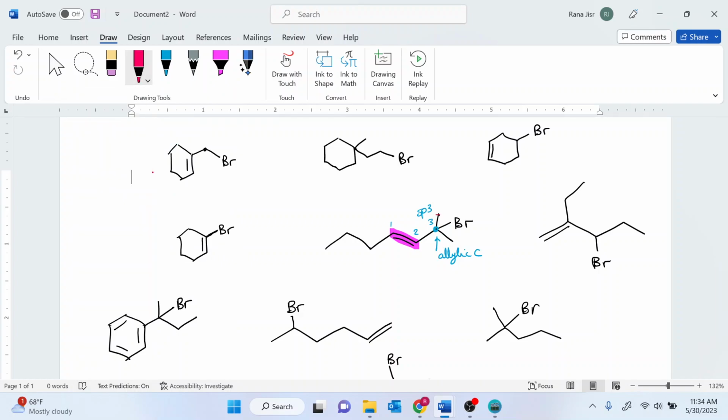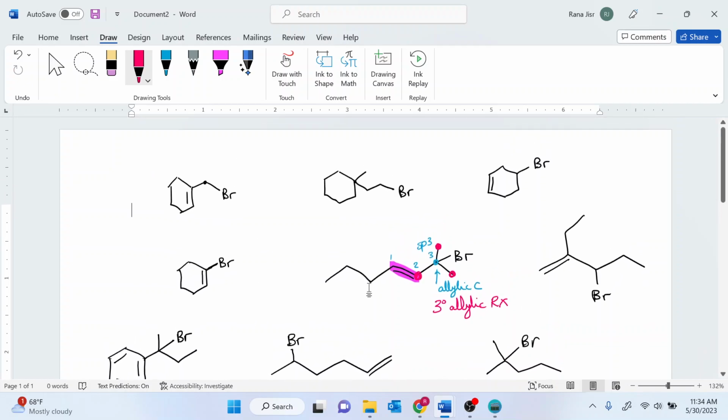So the alkyl halide is connected to 1, 2, and 3 carbons in this case. So this is going to be called a tertiary allylic alkyl halide. Okay, let's have another example.